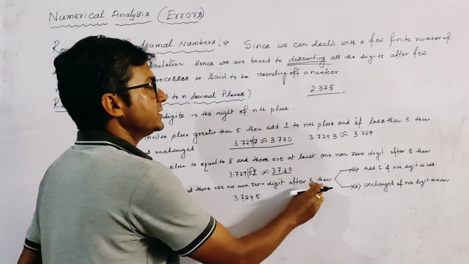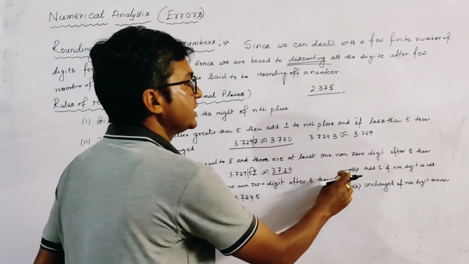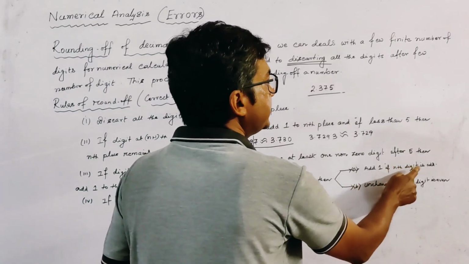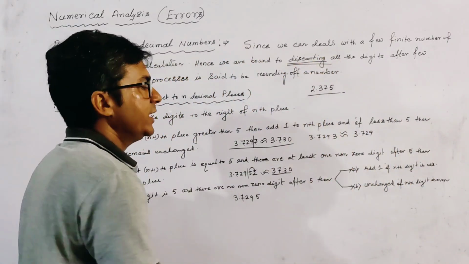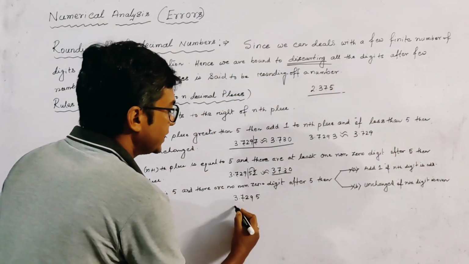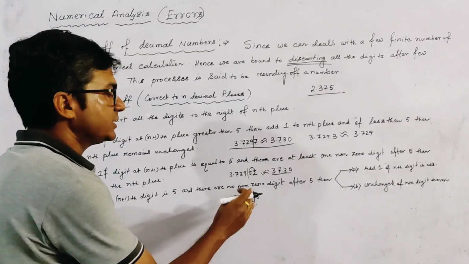And in this case, two cases we get. In the first case, that is subcase A, add 1 if the nth digit is odd, and unchanged if the nth digit is even.